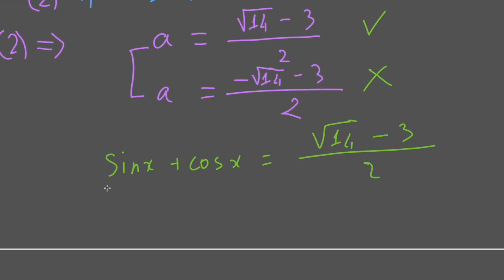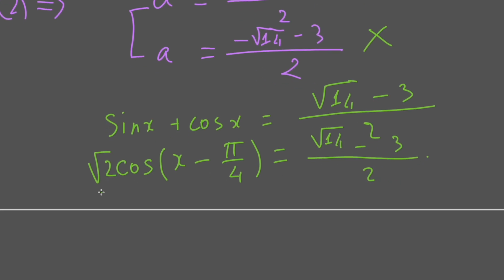On the left side, you can do the basic transformation of the expression into cosine of x minus pi over 4 multiplied by square root of 2. That's a very basic transformation. If you don't know how to do it, I will explain it a little bit below.